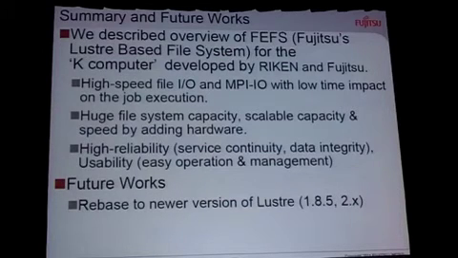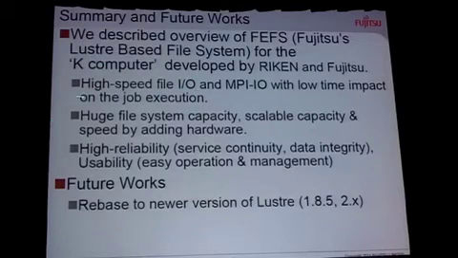And here I present the summary and future works. We described FEFS, Fujitsu's Lustre-based file system for the K computer, developed by RIKEN and Fujitsu. Currently we are testing the RIKEN QoS system against the daily earthquake and blackout problem in Japan.